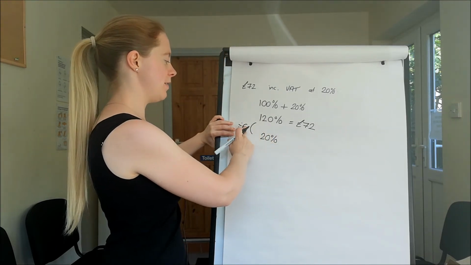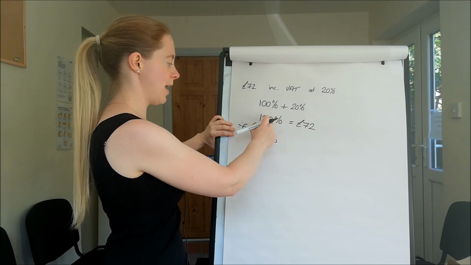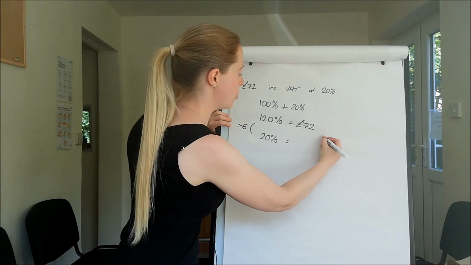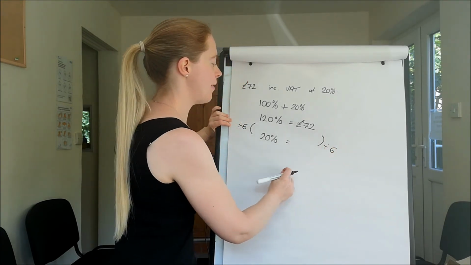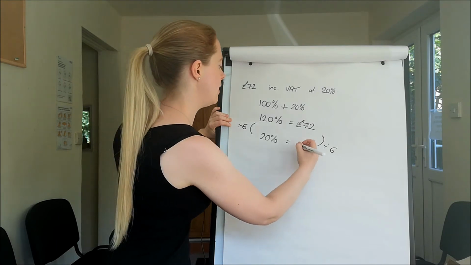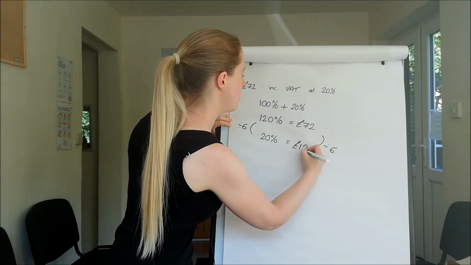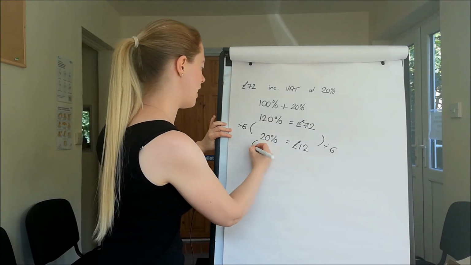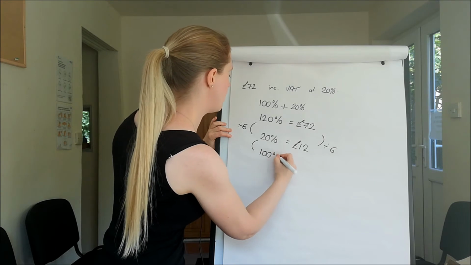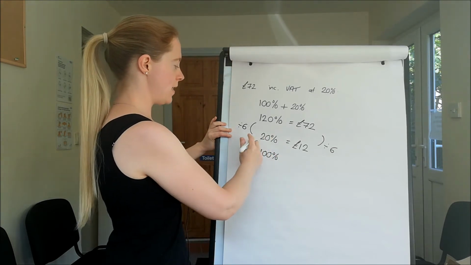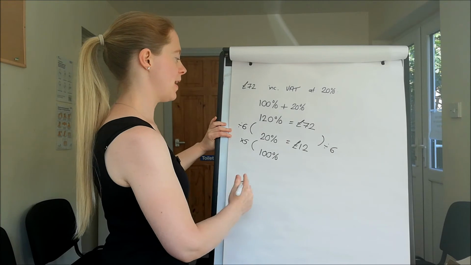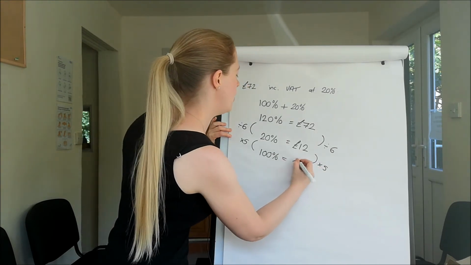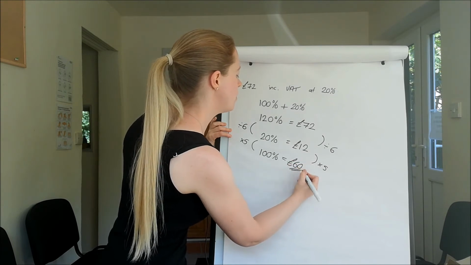So 120 divided by 6 is 20, so that would give me 20%. And then what I've done on the left, I need to do to the right as well. So I can divide £72 by 6 to give me £12. And then 20% fits nice and neatly into 100%. That's why I picked it. So 20 times by 5 gives 100%. So I need to times 12 by 5 as well, which gives me £60.